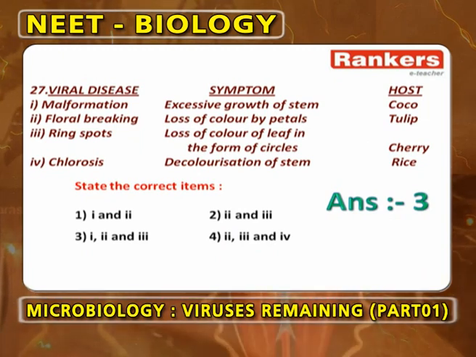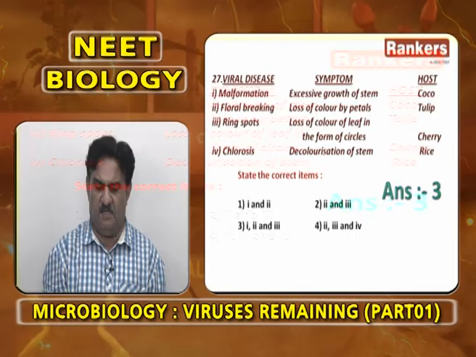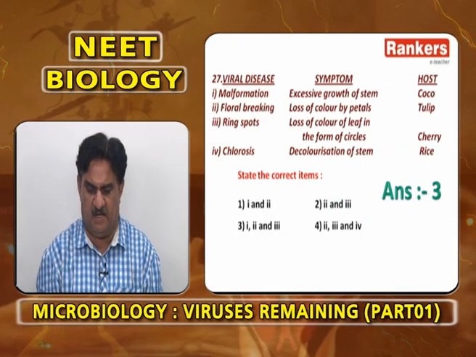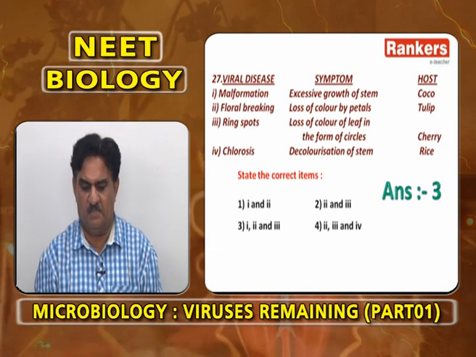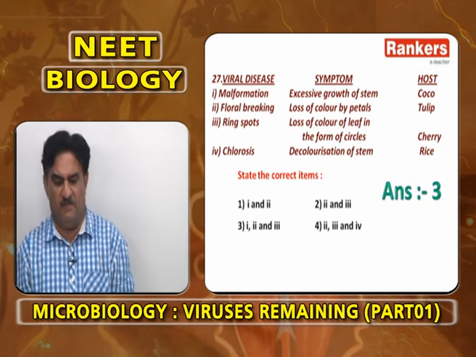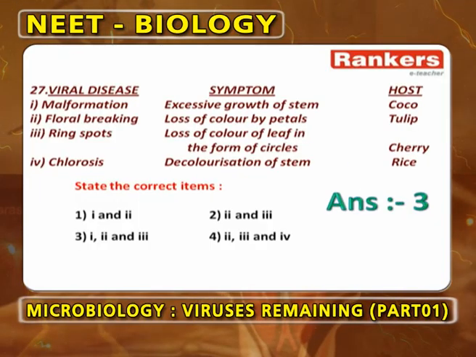Malformation, excessive growth of stem, cocoa. Floral breaking, loss of color by petals, tulip. Ring spots, loss of color on the leaf in the form of circles, cherry. Chlorosis, discoloration of the stem, rice. Malformation, excessive growth of stem, is called swollen shoot in cocoa; the first is correct.